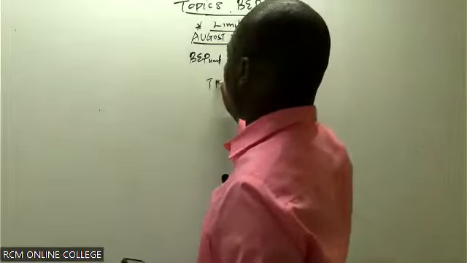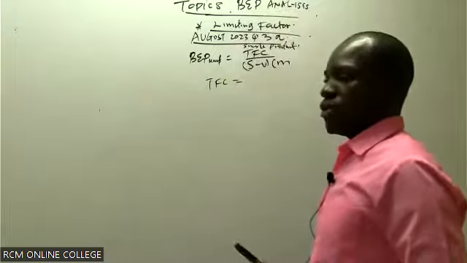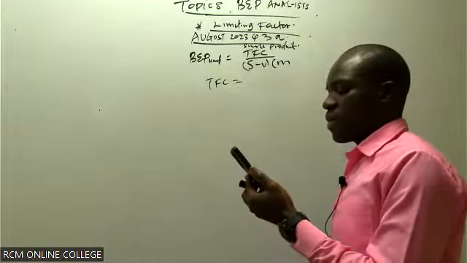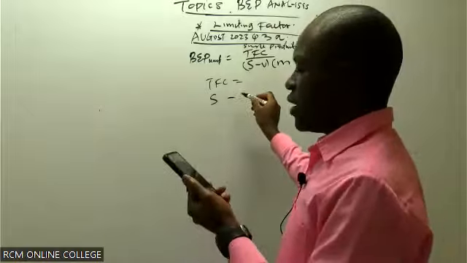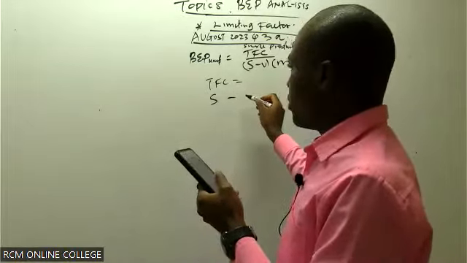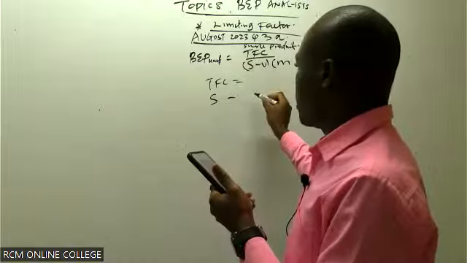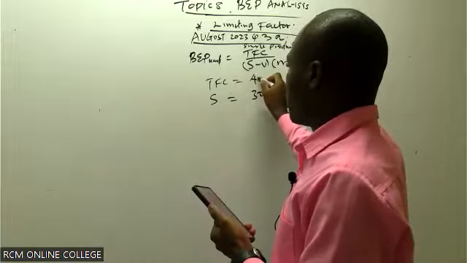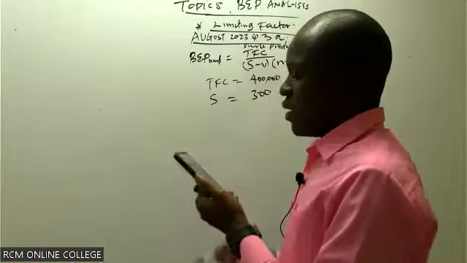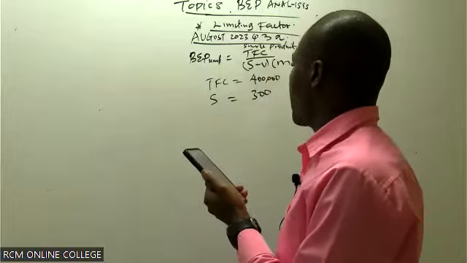Our total fixed cost should be equivalent to what figure? For the salon, as the only service they are offering, our total fixed cost is equivalent to 400,000. Then we need variable costs.